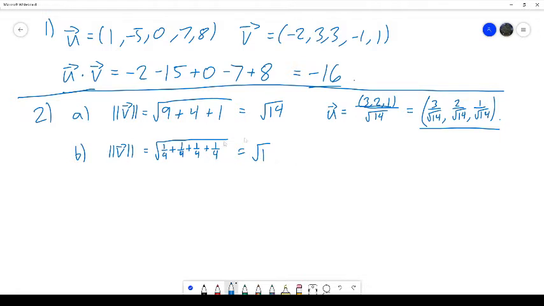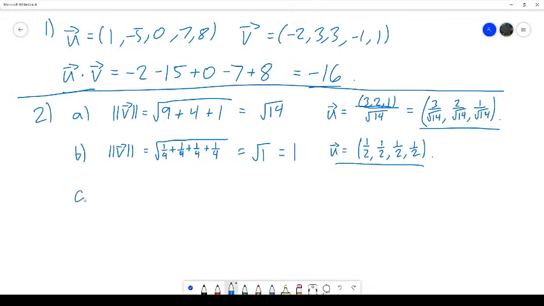So the magnitude of that vector is 1. Which means we've just determined that this already is a unit vector. So there really is no normalizing this vector. It's already normalized. So we're just going to copy down the vector, and that's our answer.